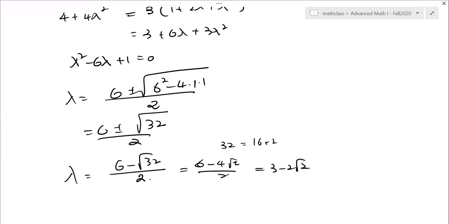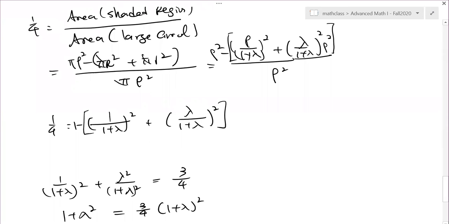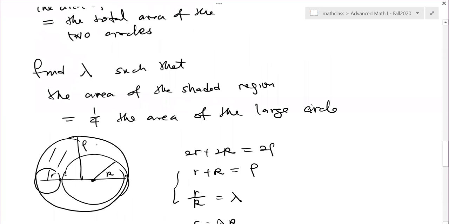This is a good question. Sometimes as an engineer, you have to design things. You want to make sure this shared region is about a quarter of the area of the whole circle.